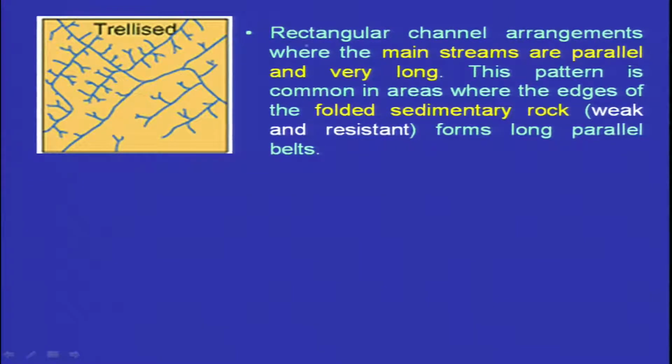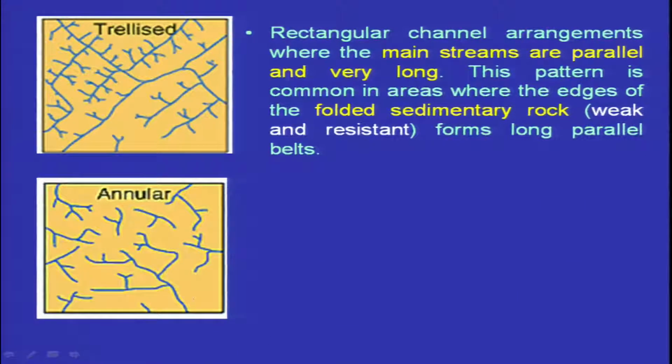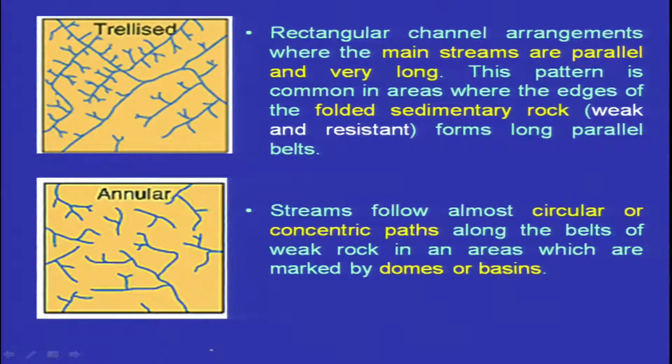So, this type of trellis drainage is mostly seen in those regions. Okay. So, what will happen, the folded sedimentary rocks with weak and resistant rock layers, and the edges of the folded ones, will form very long and parallel belts. Okay.